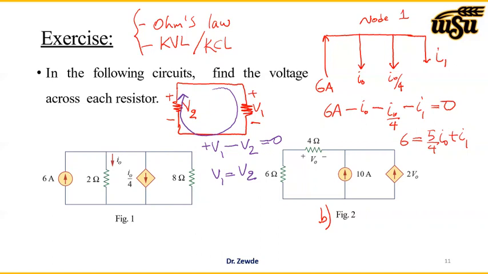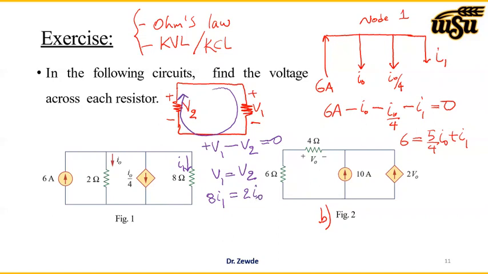Now what is V1? V1 is the voltage across the 8 ohm resistor. We said the current is I1, right? So V1 is 8 times I1 if I use Ohm's law. And V2 is the voltage across the 2 ohm resistor, which is 2 times I0.